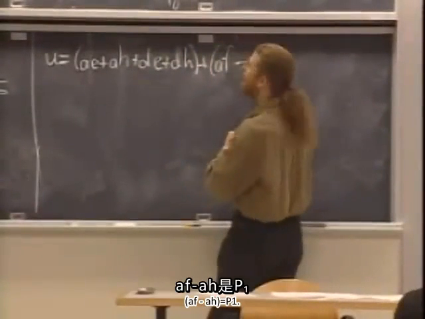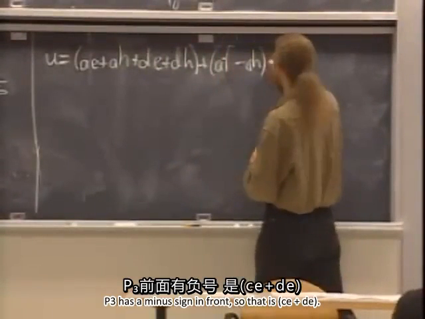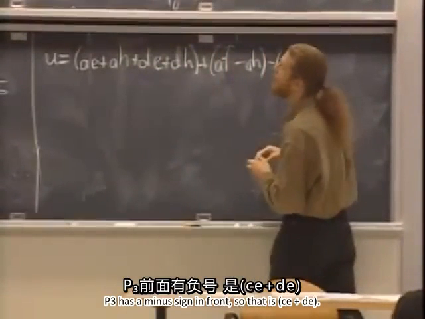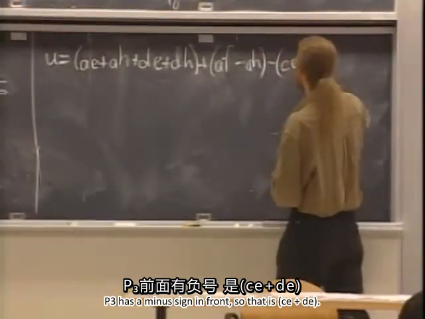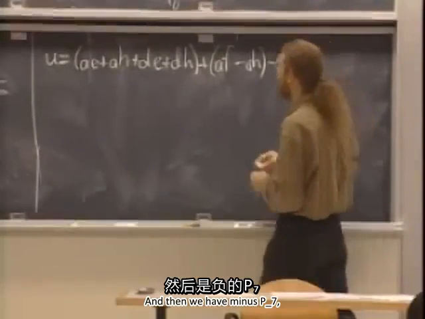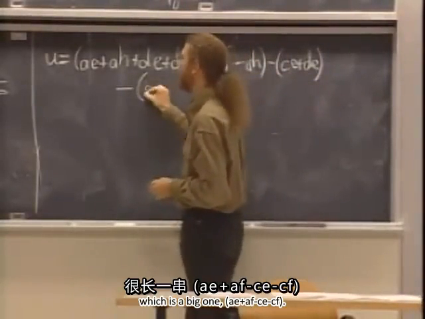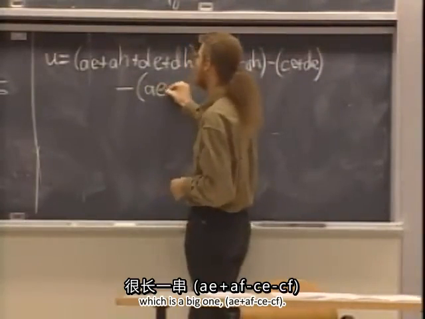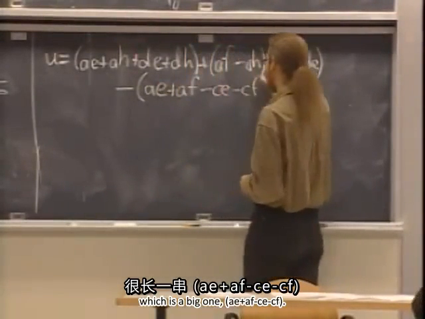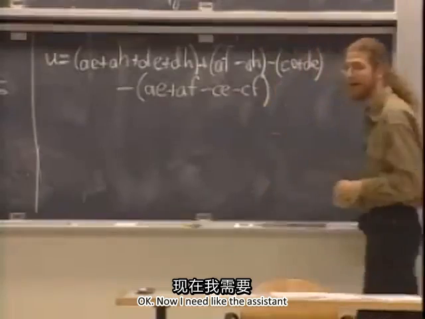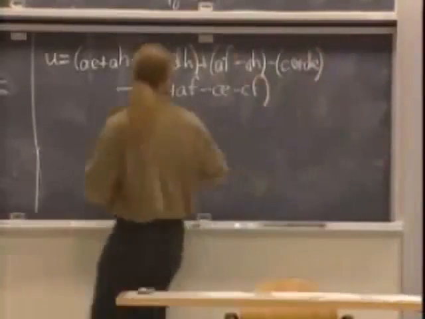So AF minus AH is P1. P3 has a minus sign in front. So that's C times E plus D times E. And then we have minus P7, which is a big one. A times E plus A times F minus C times E minus C times F. Okay, and now I need like the assistant that crosses off things in parallel like the movie, right?